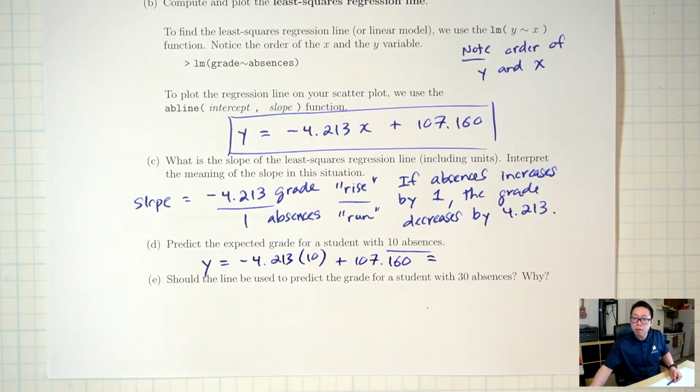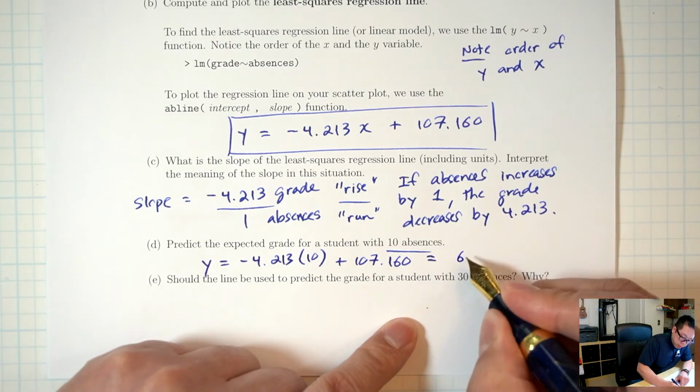Okay, plug this into our calculator. Negative 4.213 times 10 plus 107.160. 65.03.